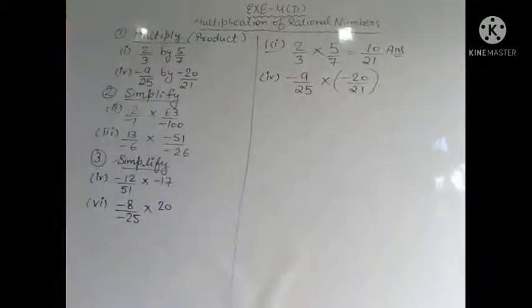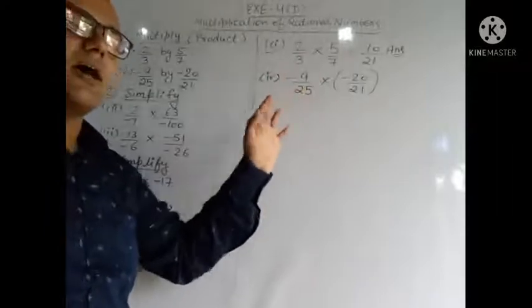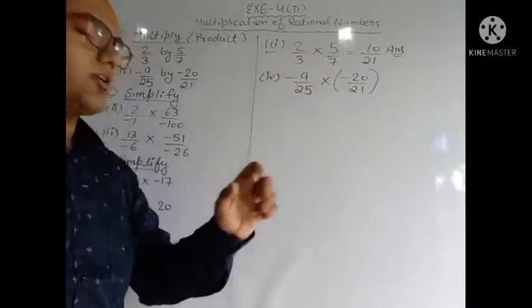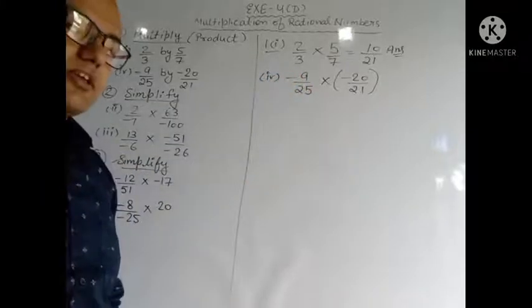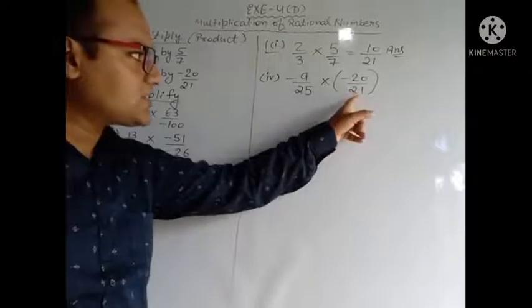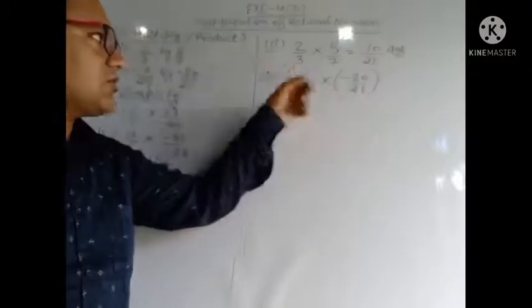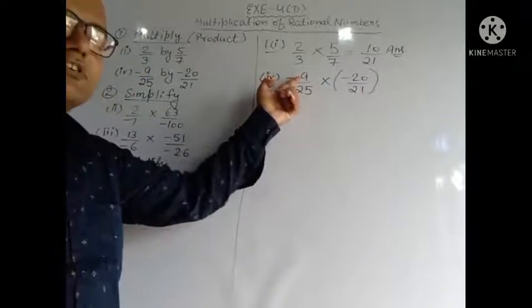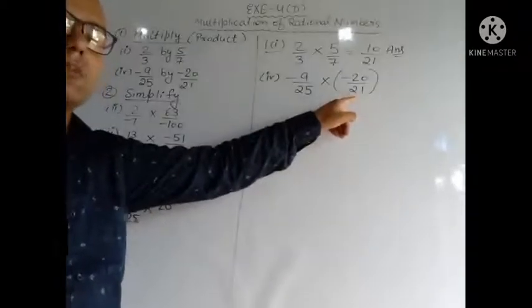Now next, we have to check whether numerator and denominator numbers cancel with the same table or not. This 9 comes in the table of 3, but in the denominator 25 does not. If you see the denominator number 21, this comes in the table of 3. So the numerator number 9 is divisible by 3, and the denominator number 21 is also divisible by 3.